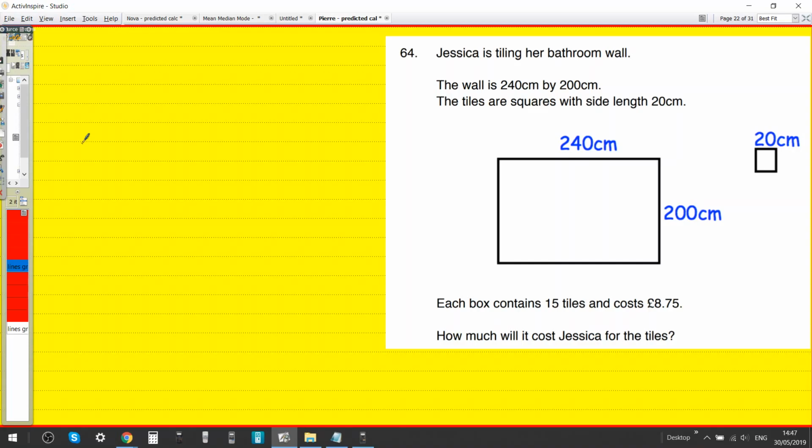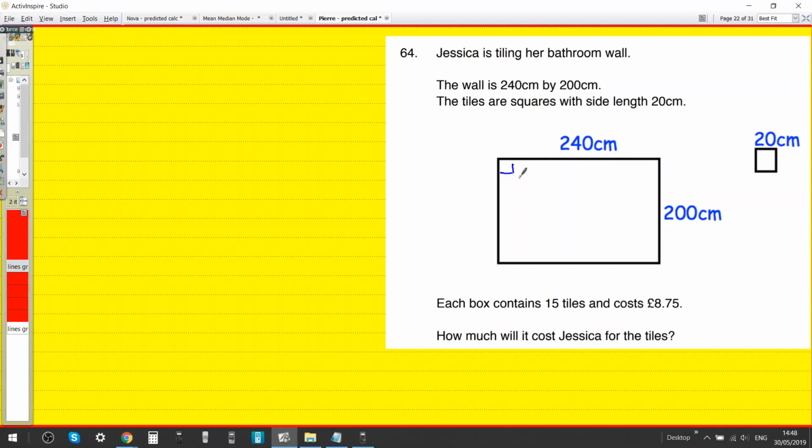To work out that, you would look at each tile, which is 20.